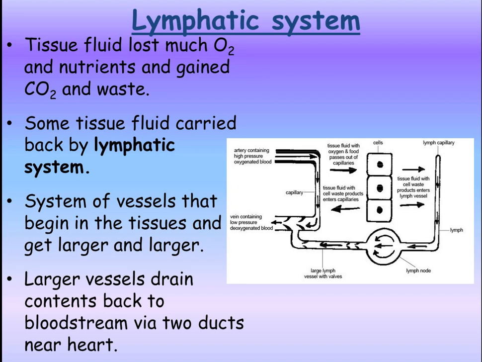The lymphatic system is a system of vessels that start in the tissues and get larger and larger, and then the larger vessels drain the contents back into the bloodstream via two ducts near the heart. So that means you can get the carbon dioxide to the lungs a lot quicker, because the lymphatic system is going to take that tissue fluid with the waste and the carbon dioxide straight back to the heart.